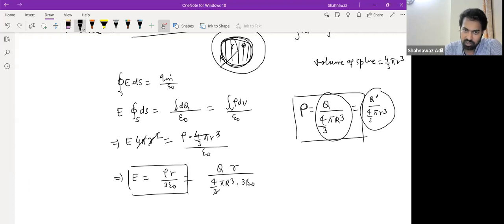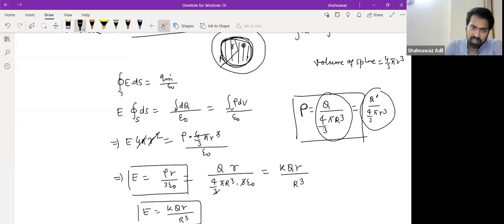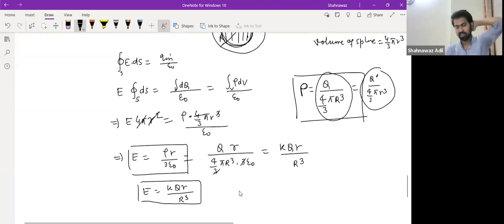So 3 cancels, and 4 pi epsilon naught is how much? K. So we get K Q r by R cube. Is that part clear, guys? This is the magnitude of the electric field inside. Is that part clear?